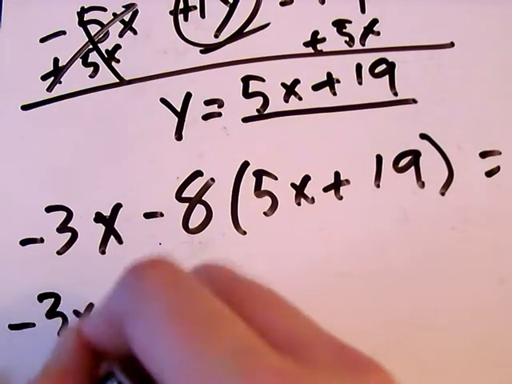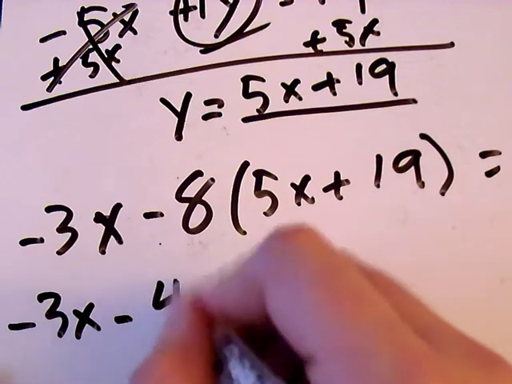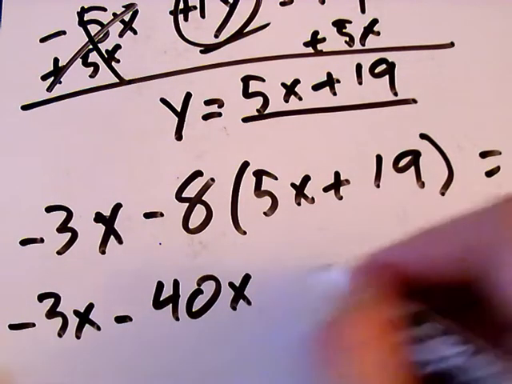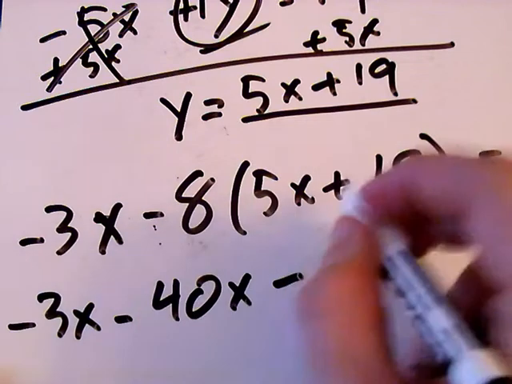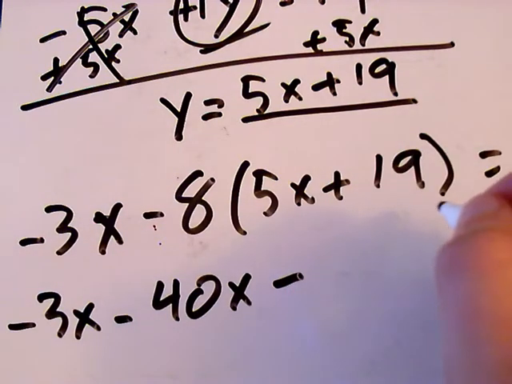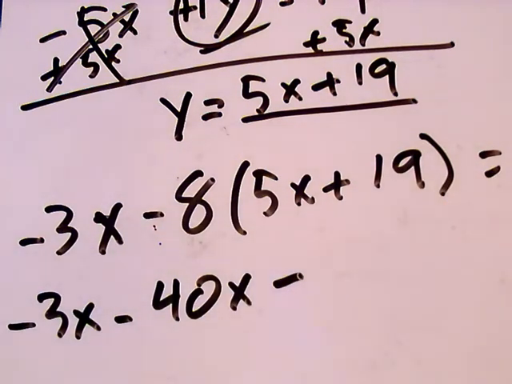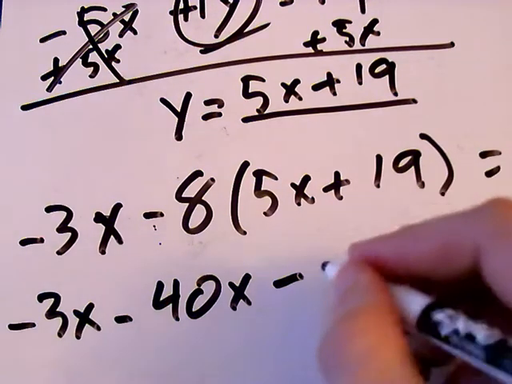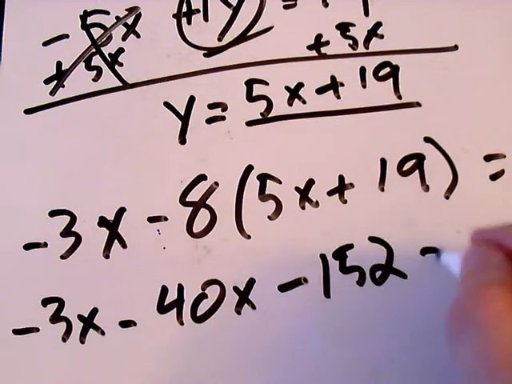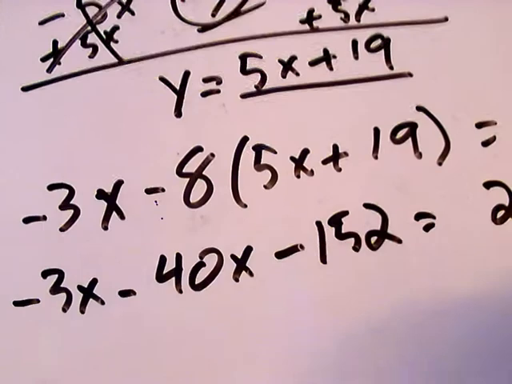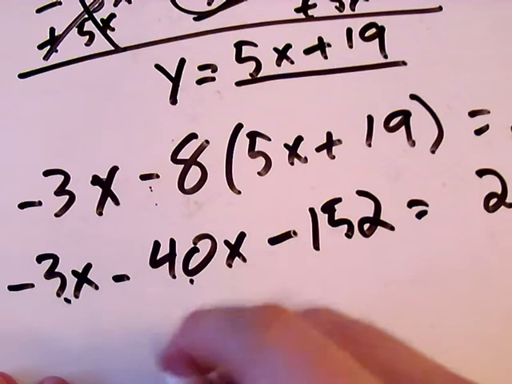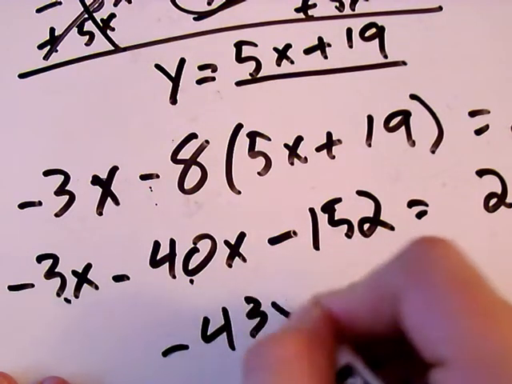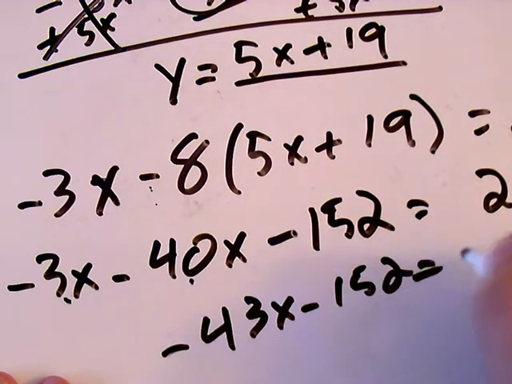So negative 3x minus 40x, and then it's negative because we have a negative times a positive, so that'll be 152. Big number, I know. It'll all work out in the end. So we combine like terms, we get negative 43x minus 152 equals 20.